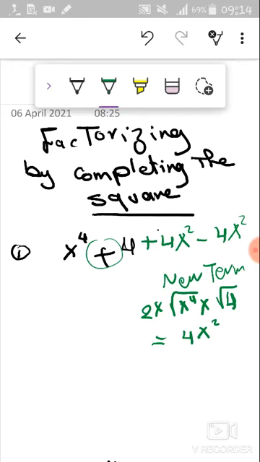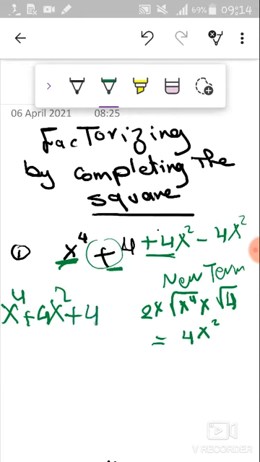Okay, here we can use grouping. I will take the first term, the second one and the third one, and arrange it so it will be x power 4 plus 4x square plus 4 minus 4x square.